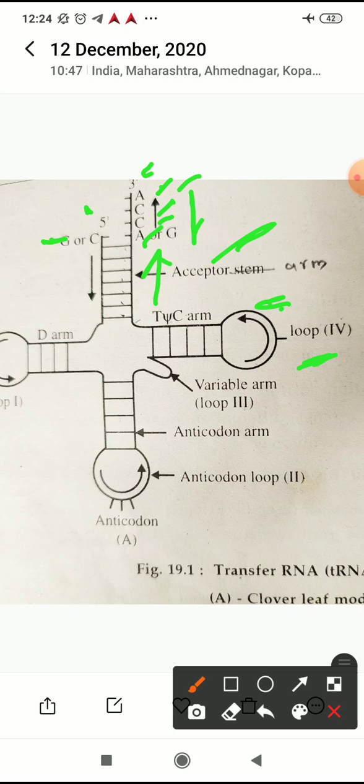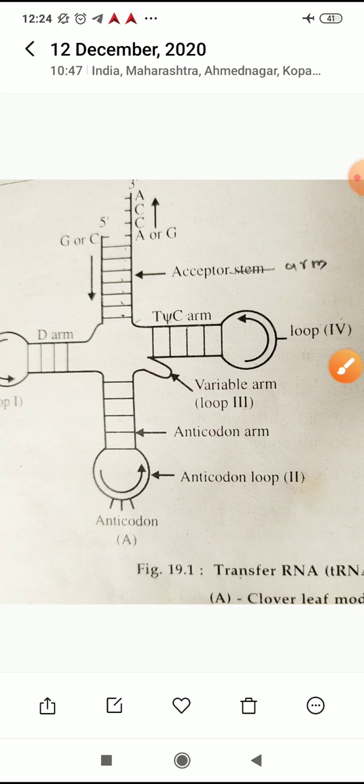If it contains guanine, then guanine or cytosine, and accordingly the adenine or guanine will be here. So this is the outline information of clover leaf model of the tRNA. We will go into the details.